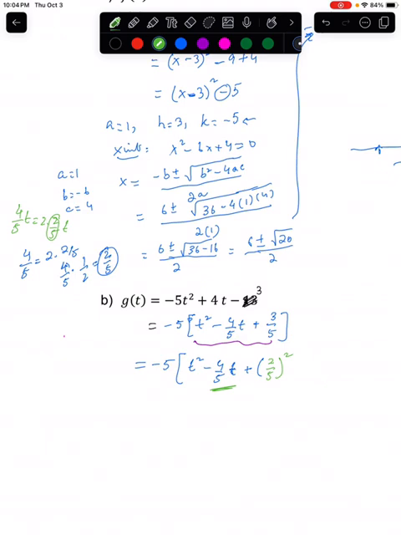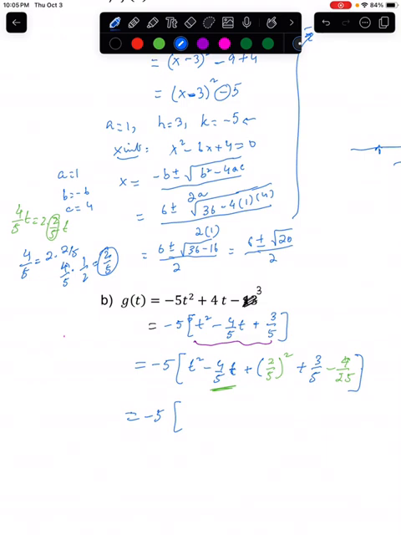Now whatever is left, which is plus 3 over 5, and now we have to subtract that term that we added. So minus 4 over 25, the square of 2 over 5. Now just as usual, this is equal to negative 5.